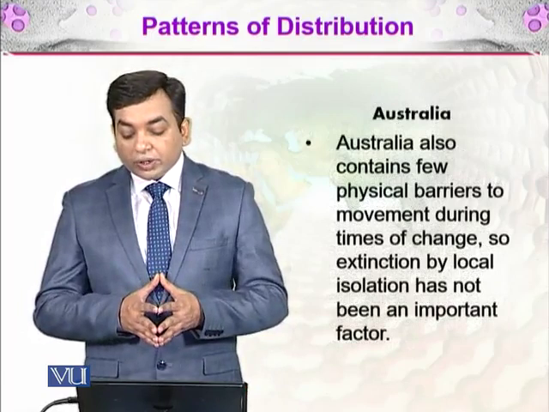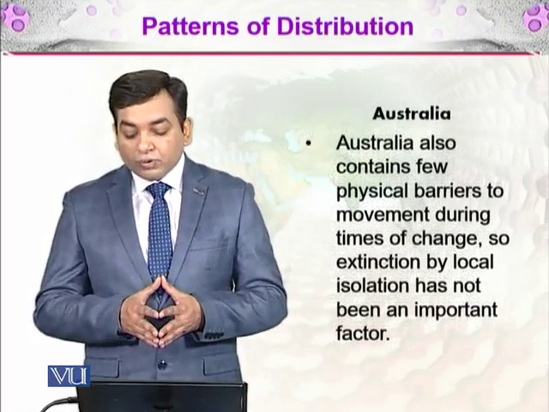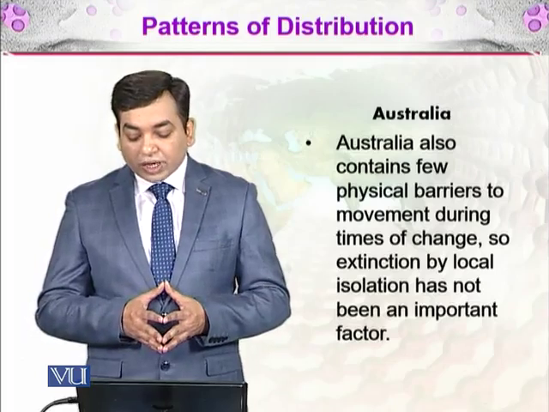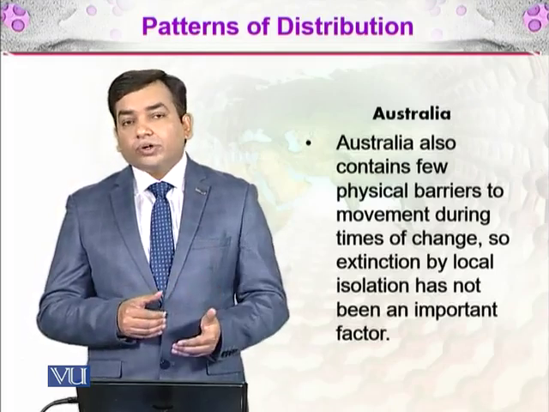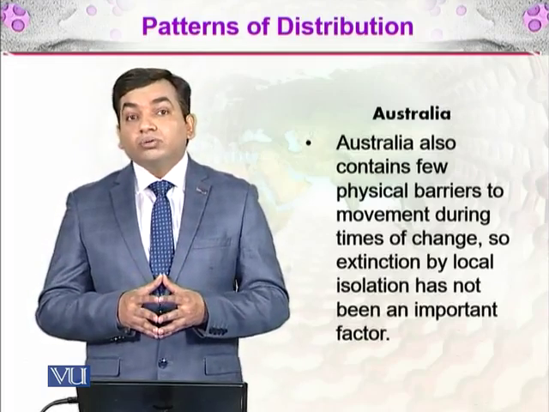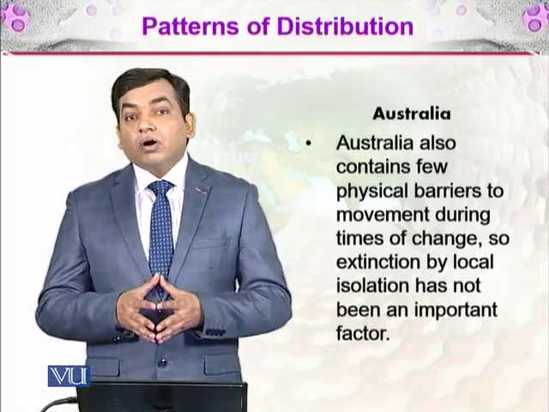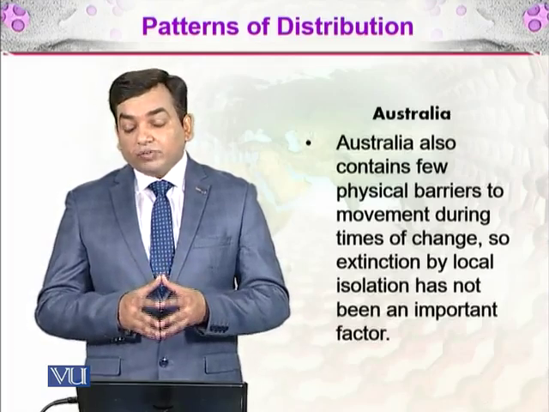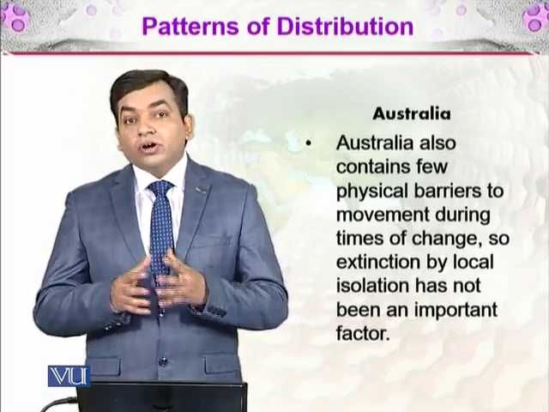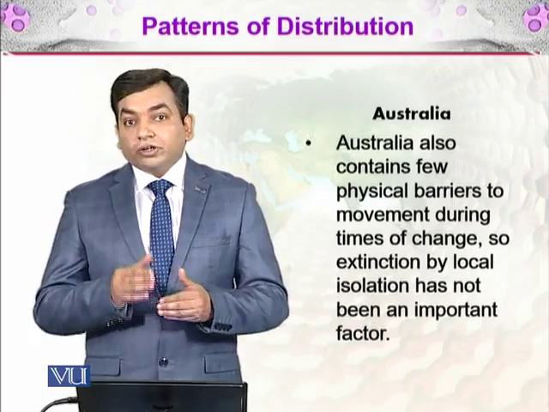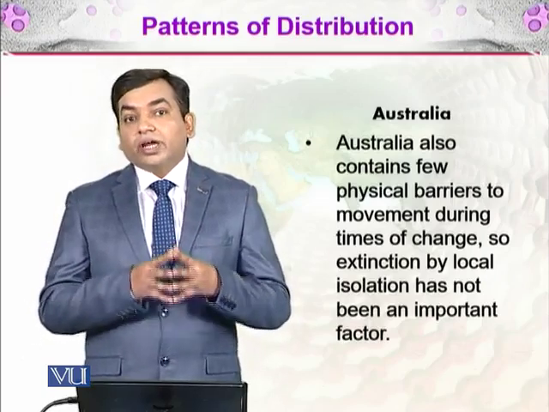Australia also contains few physical barriers to movement during times of change. So extinction by local isolation has not been an important factor. There is the Australian outback, the huge desert in the middle of Australia, and this is the geographical factor which is responsible for controlling the endemics, and it cannot lead to their extinction.